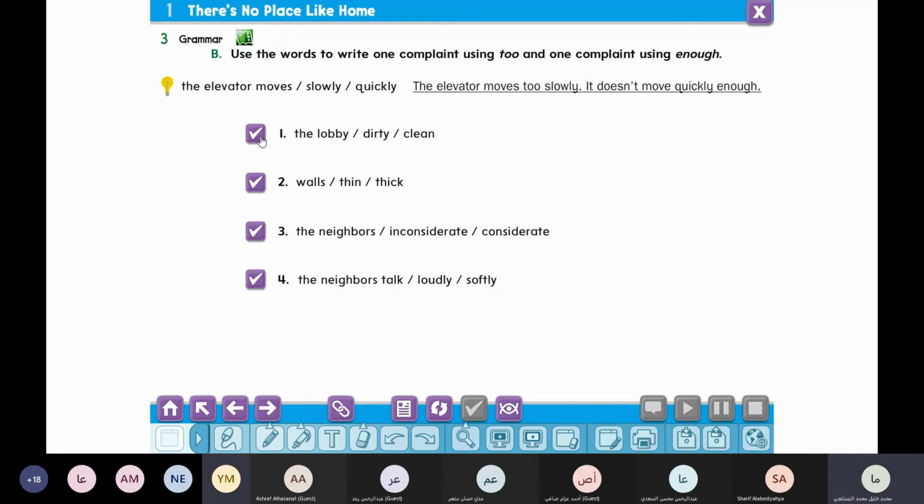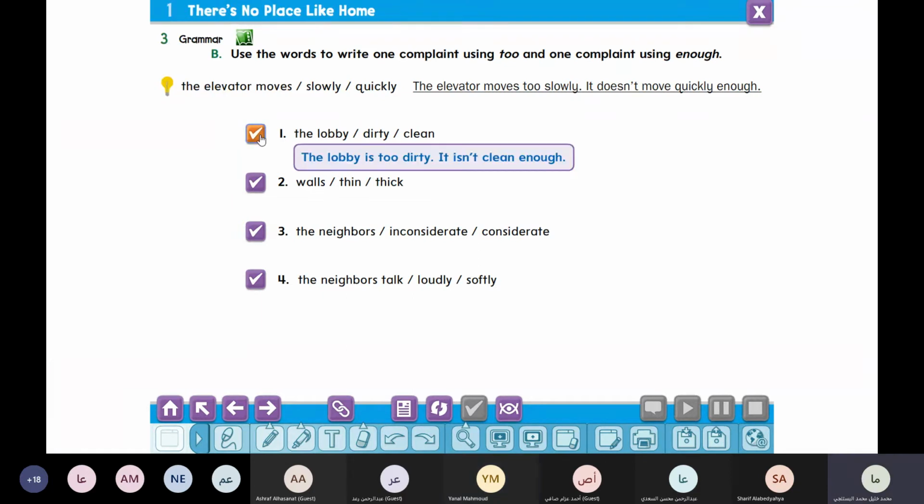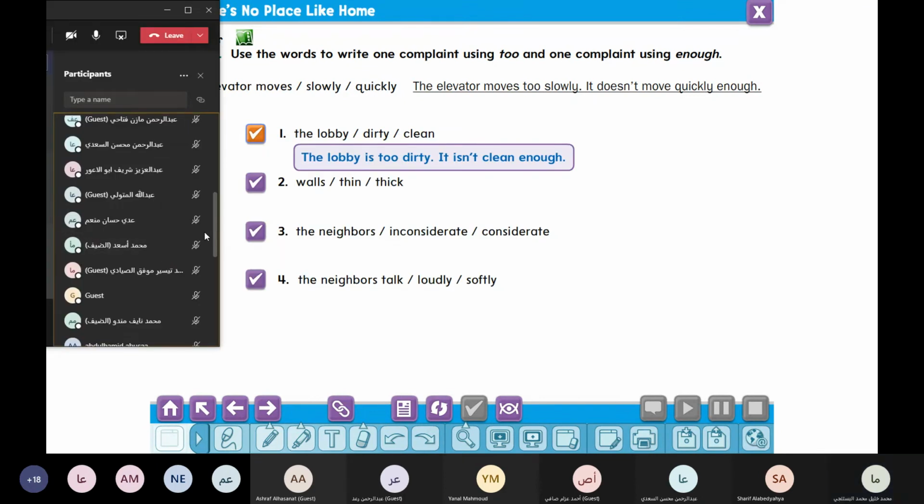Number 1. The lobby. Can I try? Yes. The lobby is too dirty. It's not clean enough. Good. It isn't what clean enough. Good. The lobby is too dirty. It isn't clean enough. Number 2. Can try. Hamad Asad, are you here?